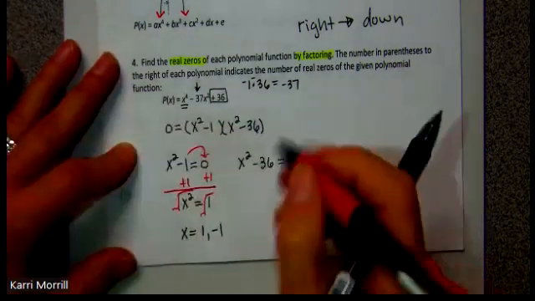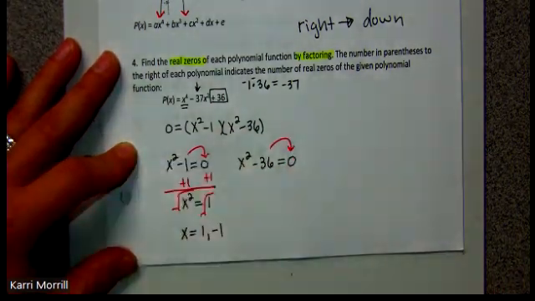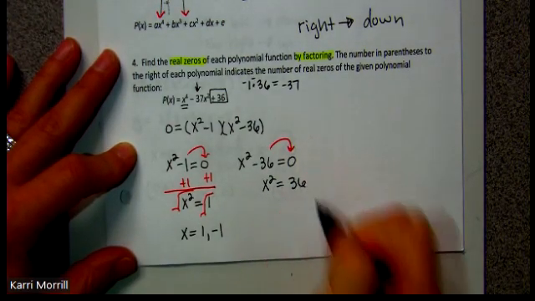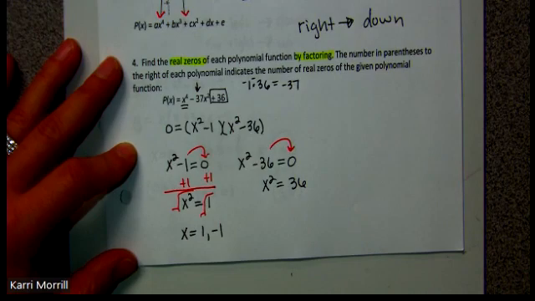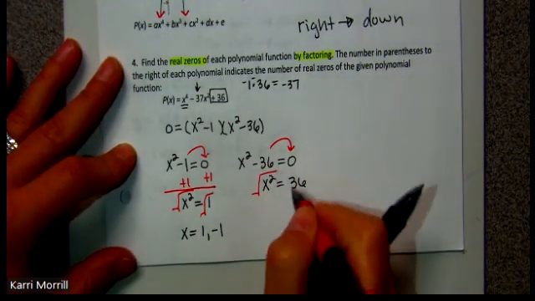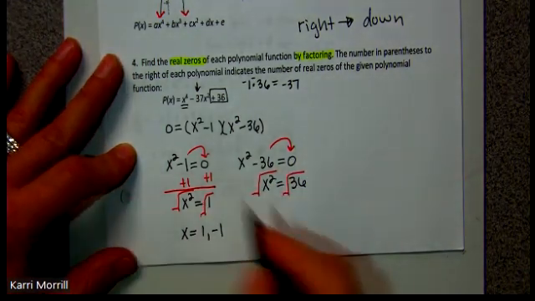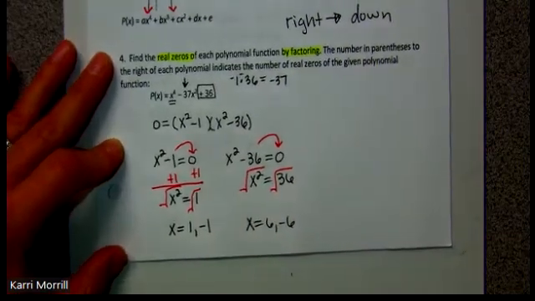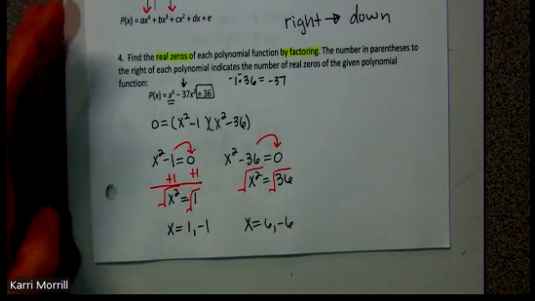And then here we would be moving our 36 over. So we'd have x squared equals a positive 36. And then finding what x is instead of x squared, we would take the square root, we would say x equals 6 and negative 6. So these are considered real zeros.